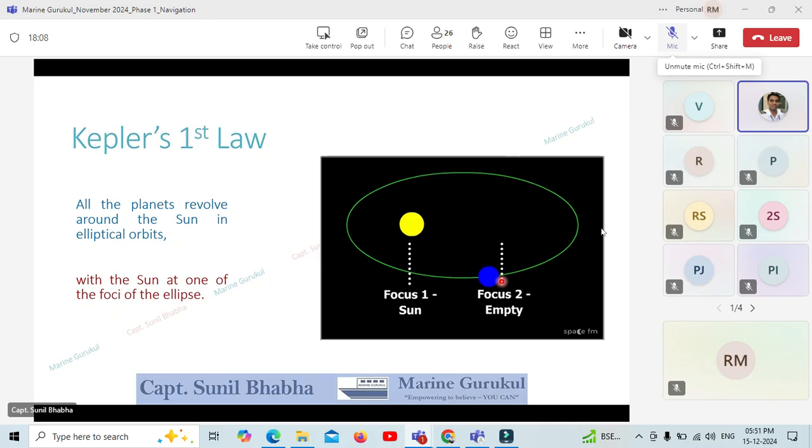Every elliptical orbit has two foci, and the sun is situated at one of the foci of the ellipse. The other focus is blank. There is nothing there, but the sun is situated at one of the foci of the elliptical orbit of all the planets. This is Kepler's first law.